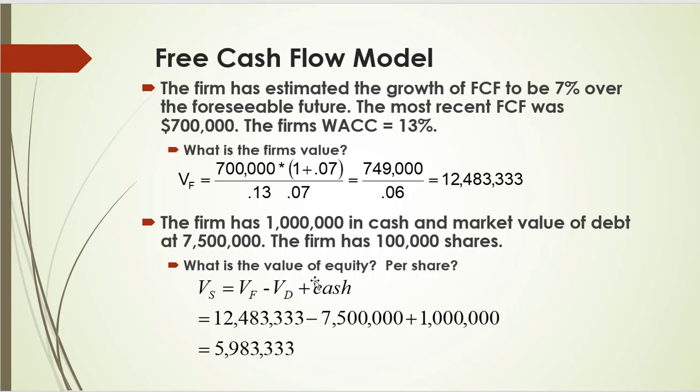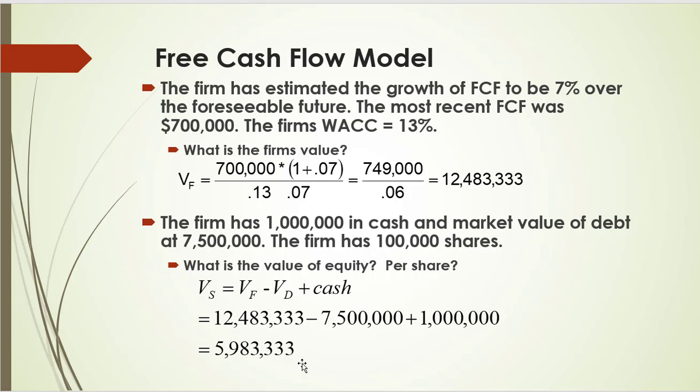So what's the value of equity? Using the formula, you take the value of the company, $12.48 million, minus the $7.5 million in debt, plus the $1 million in cash, and we end up with a value of the equity of the company of $5.98 million.